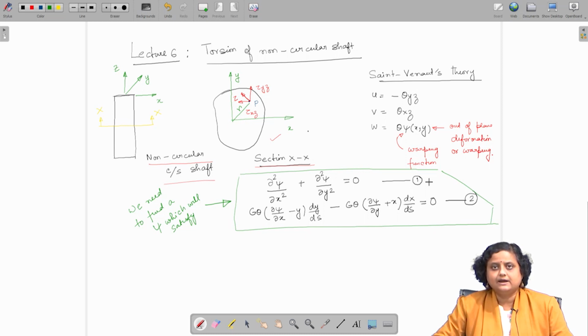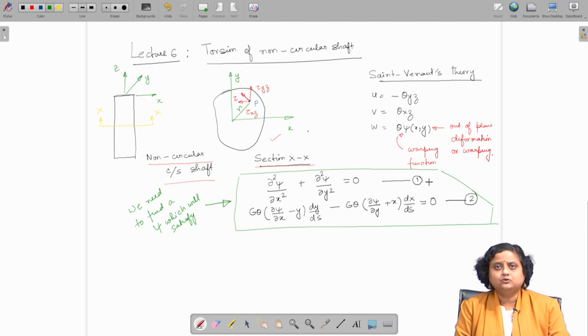Therefore, Saint-Venant's theory, the approach that Saint-Venant has given to solve the torsion problem of a non-circular shaft, though perfectly correct theoretically, is often difficult to use from the mathematical perspective, because of the difficulty associated with the mathematics involved.